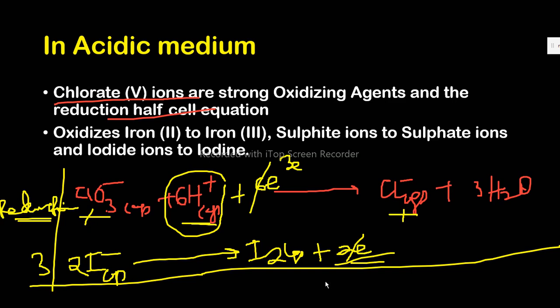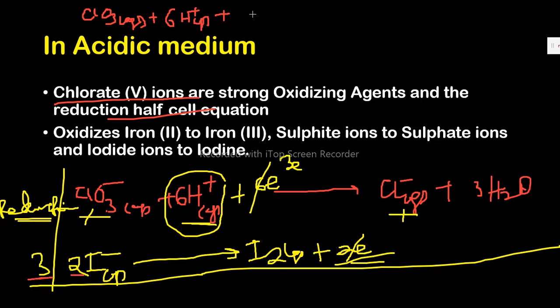Maybe let me write it. With teaching, you don't take things for granted. So it shall be the chlorate. It will remain as chlorate. Let me write it here because that's where I have space. So you have chlorate, aqueous, and then the chlorate reacts with 6 hydrogen ions, also aqueous, plus, now 3 times 2, what do you get?